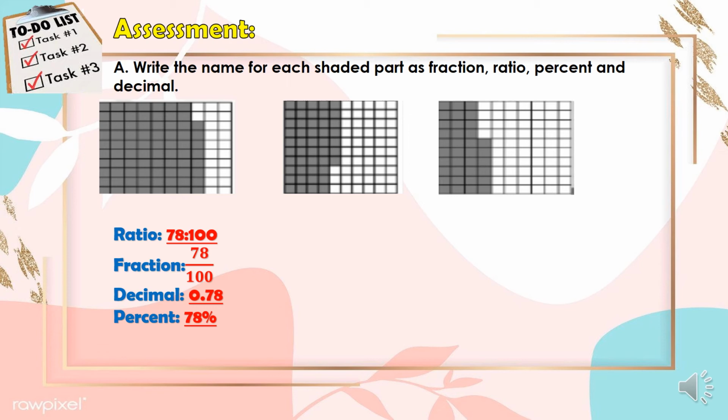These are the answers for the first illustration. For the ratio, we have 78 is to 100. For fraction, we have 78 hundredths. For decimal, we also have 78 hundredths. And for the percent, we have 78%. For illustration 2 and 3, you can work on that.